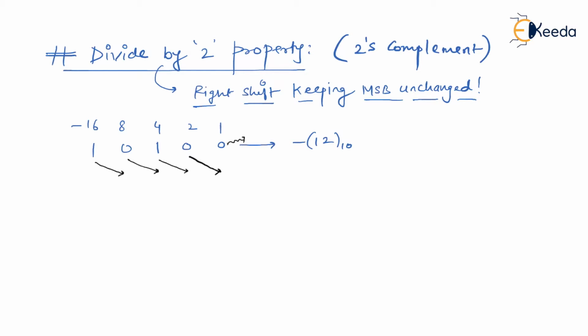So let's write the new number. This 1 shifts here, so we have 1 here. This 0 shifts here, so we have 0. Then this 1 shifts here, and this 0 shifts here.